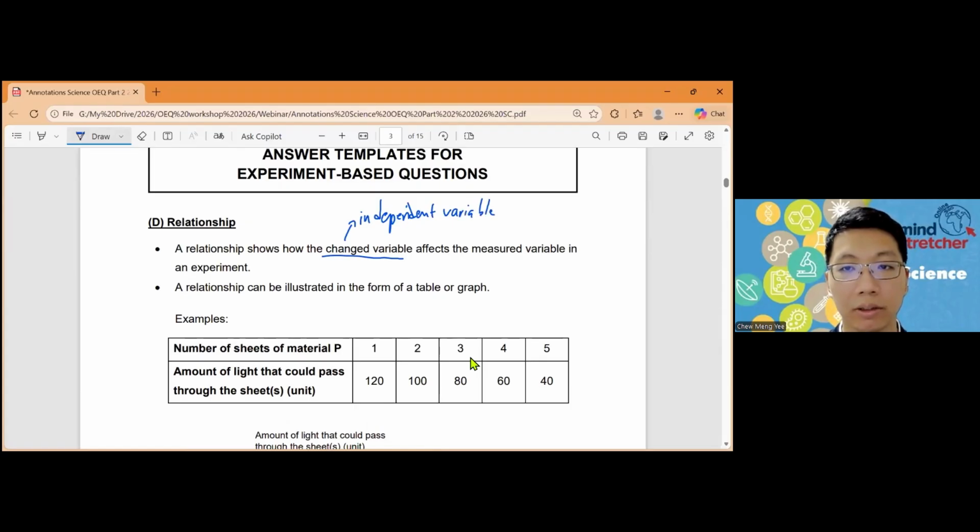But that is seldom seen. Some teachers use independent variable and dependent variable. So dependent variable will be the measured variable. So it's good to know both, but what is required for PSLE is just changed and measured. But some teachers will use dependent and independent.